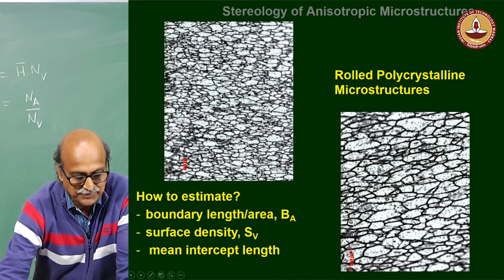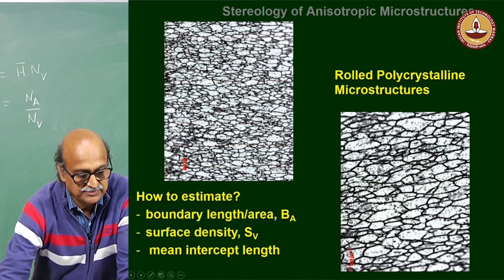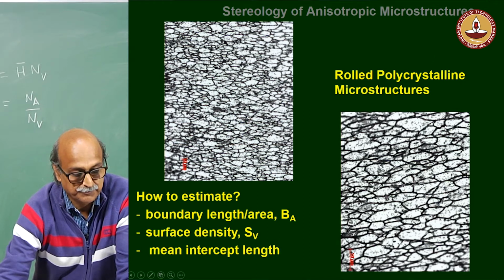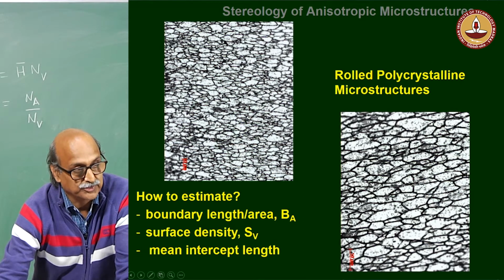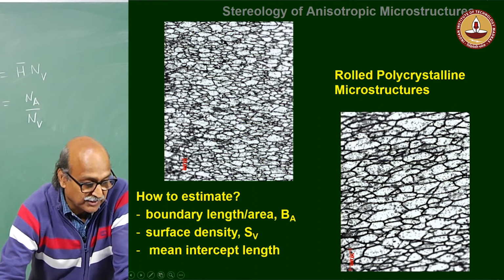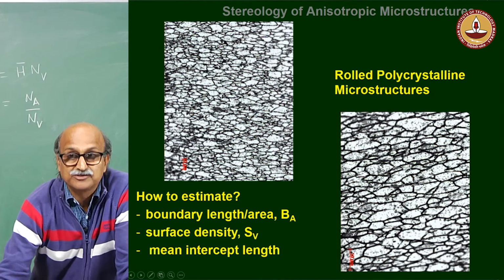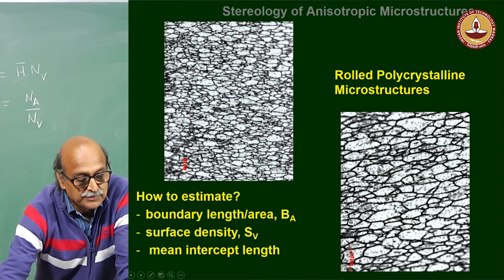If I take this particular microstructure, I want to estimate boundary length per unit area, I may want to estimate SV, I may want to estimate mean intercept length and so on.